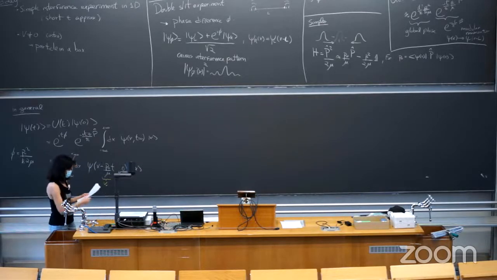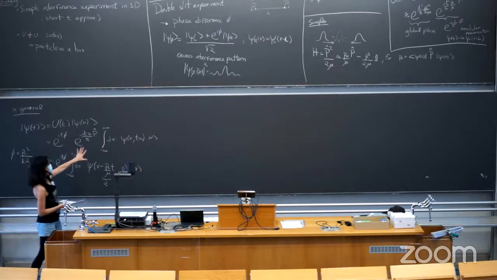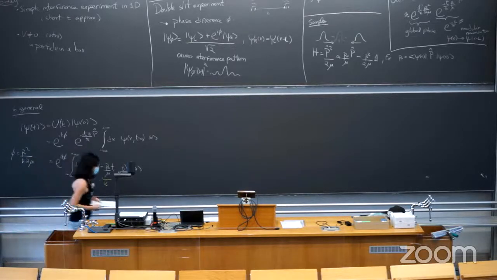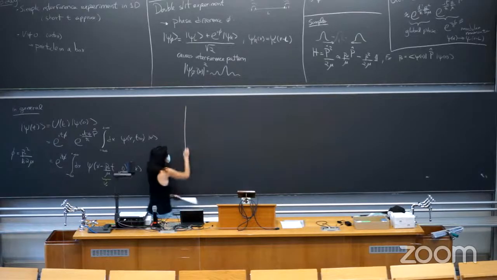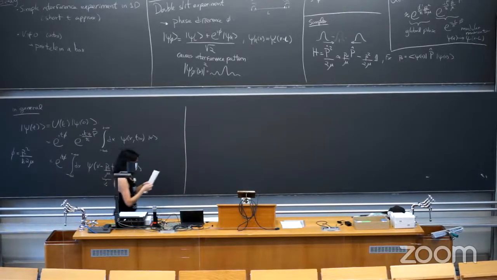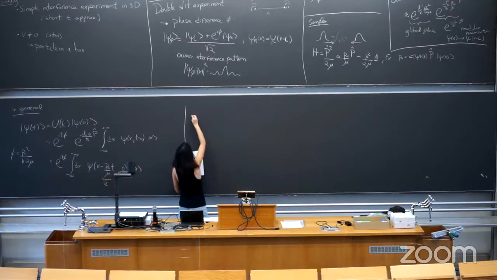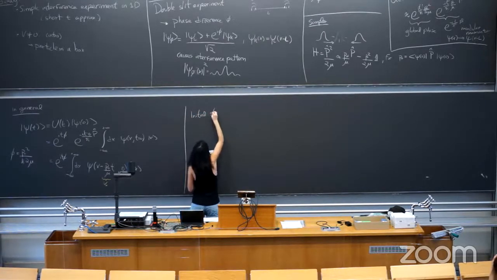Okay. But now we want to apply this to a specific state, and then it gets a little bit more subtle. So what's our initial state? Like I said, and really think of shooting electrons one against the other.